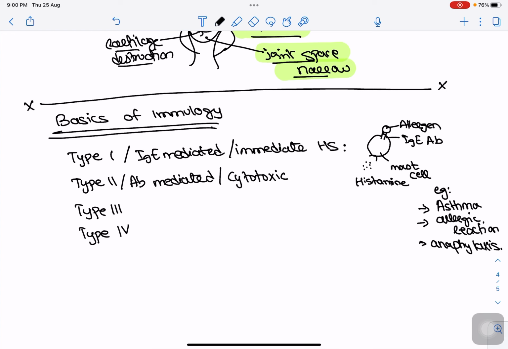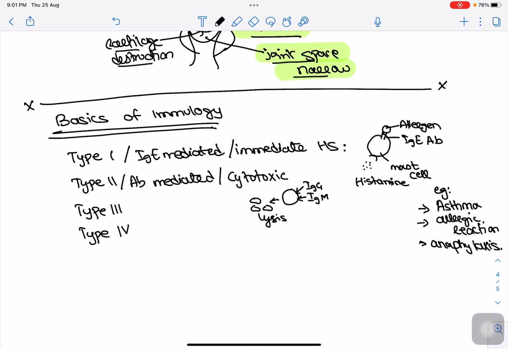So there's this cell which is lysed when IgM or IgG antibody deposits and binds to the cell membrane. The response is the lysis of the cell.